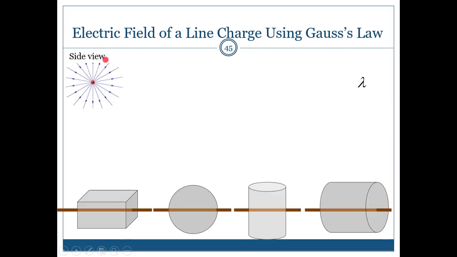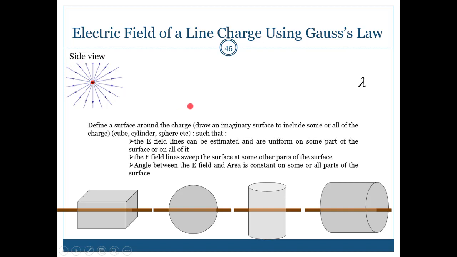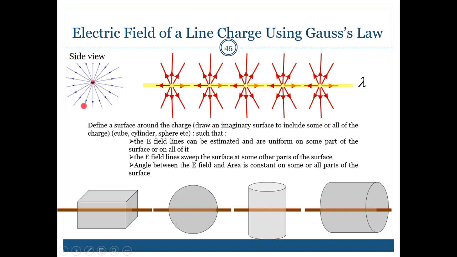So from the side, this is what my side view looks like. Let me have all my animation there. So this is a side view, line charge coming towards us. E field lines are opening up in radial directions at this cross section. I have to define or pick one of these surfaces around my line charge, okay?